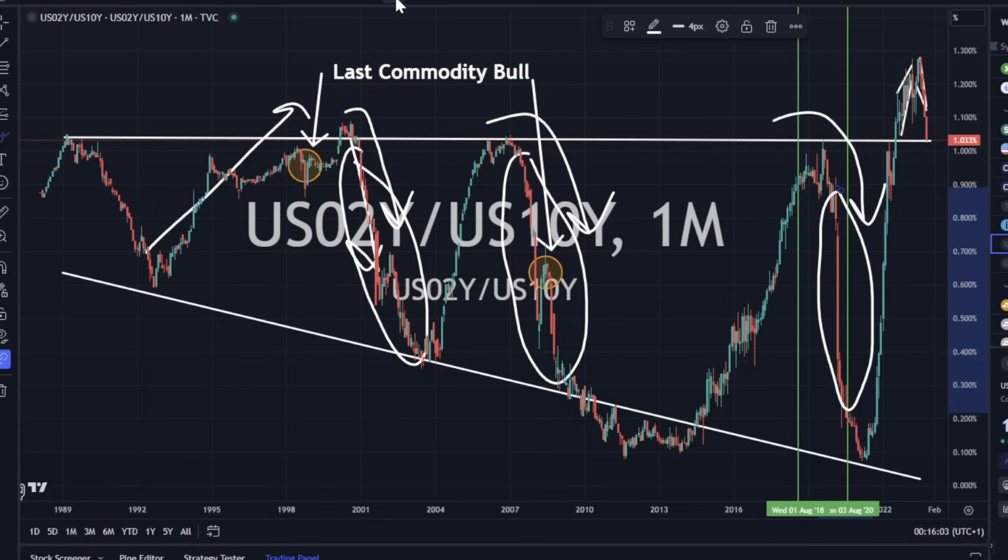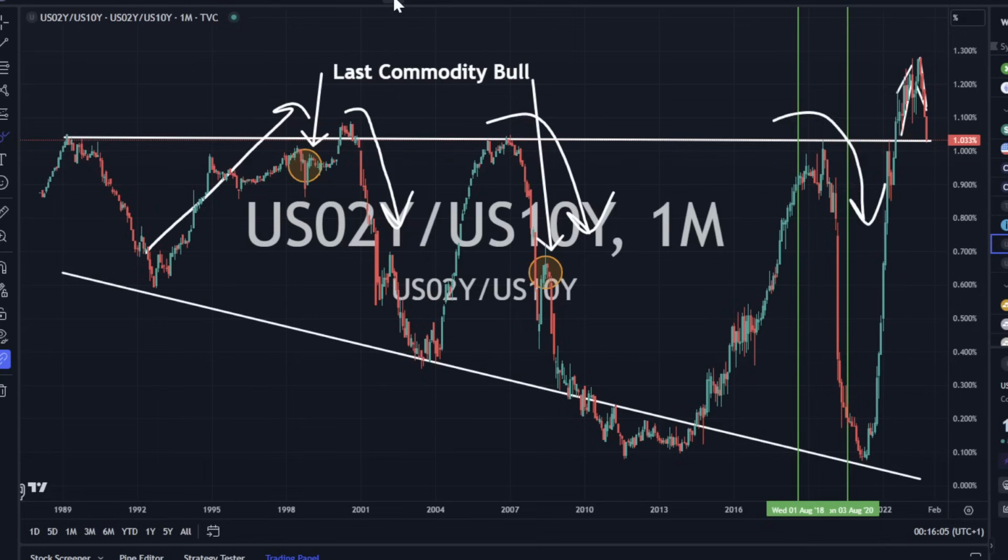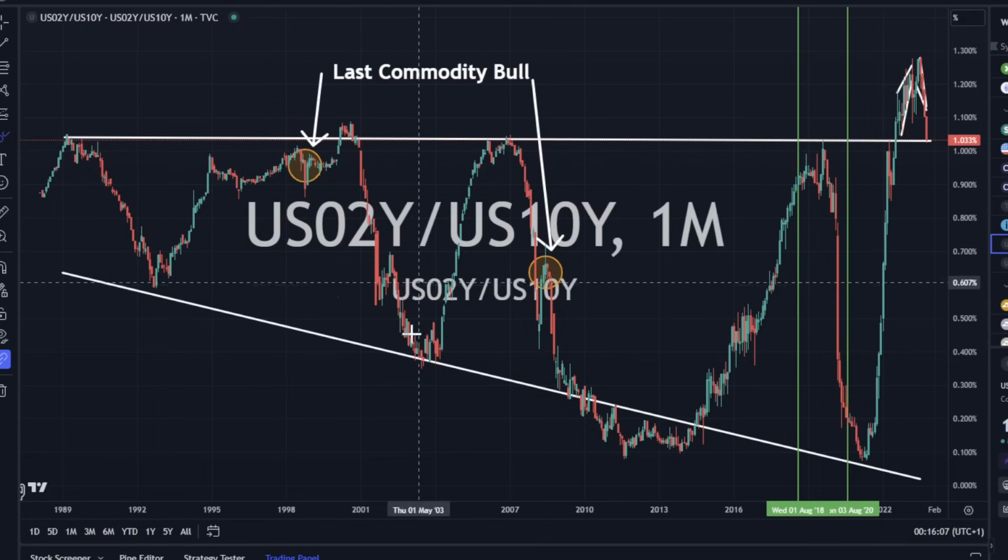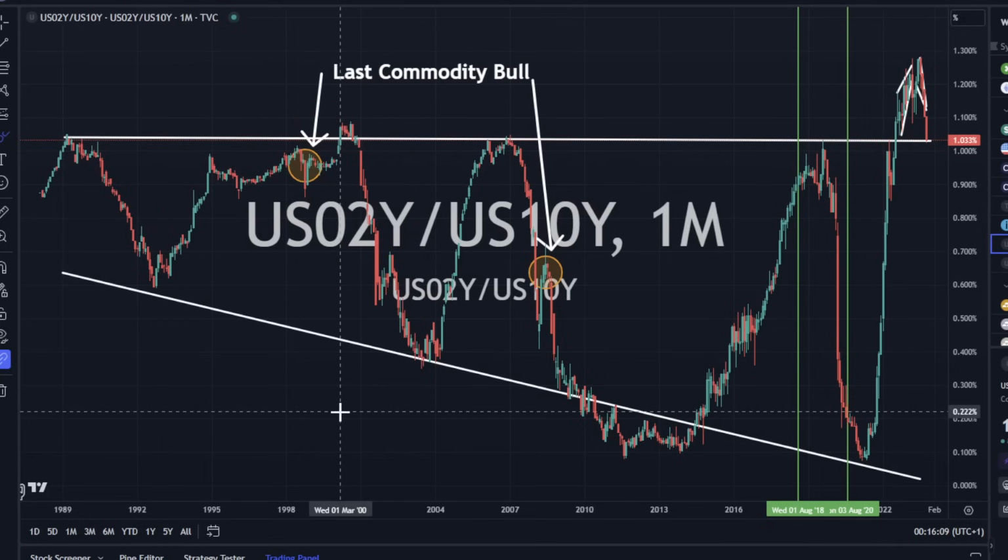How does that happen? Why does the yield curve uninvert like this? Well, I can give you my opinions on it. My opinion is that the banks know good and bad collateral, good and bad debt. If they see that on their books there's a lot of bad debt, and that a potential crash could occur, what they generally do is buy a bunch of bonds.